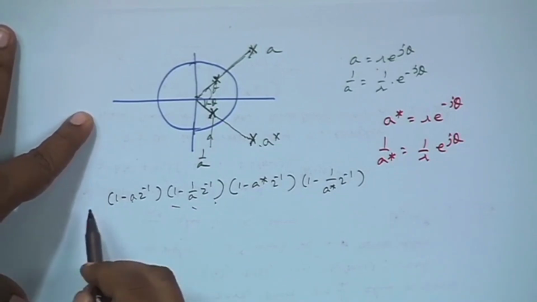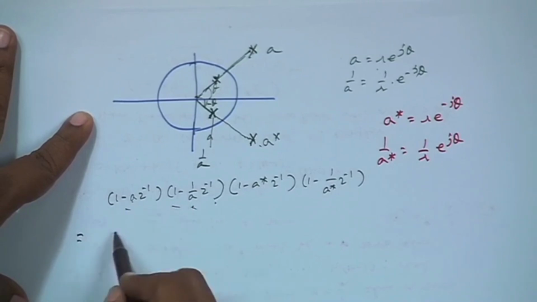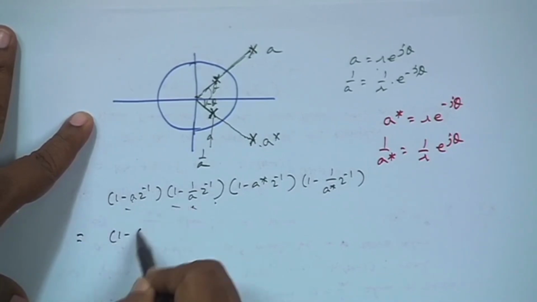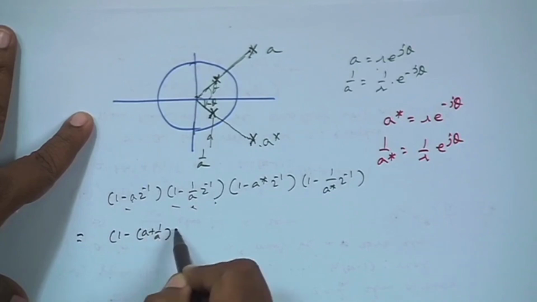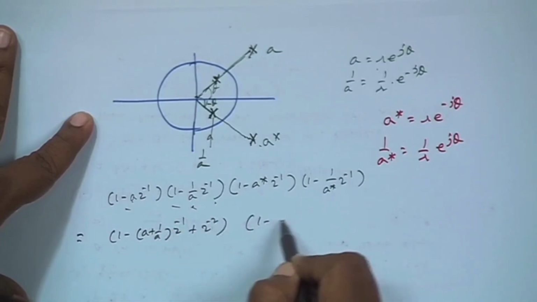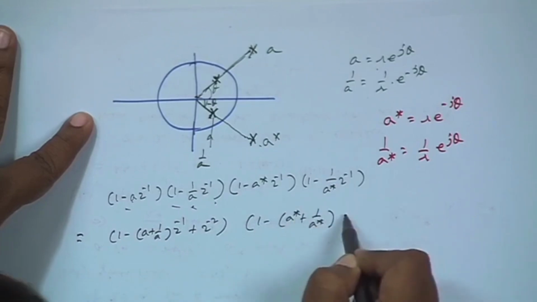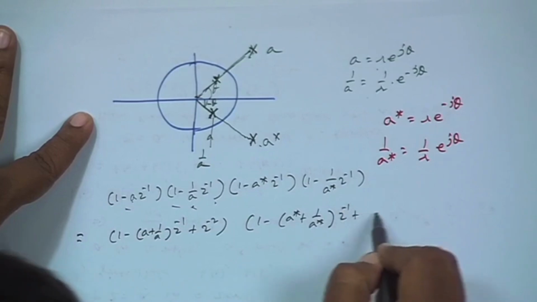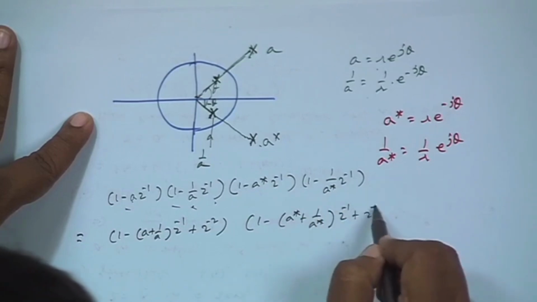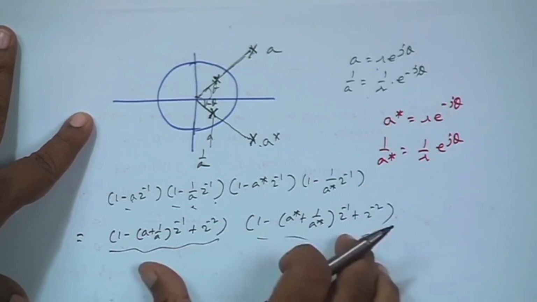But now, phase wise, if I take up these two together, we have seen earlier, this is one subsystem, this is another subsystem, and they are a cascade of the two.